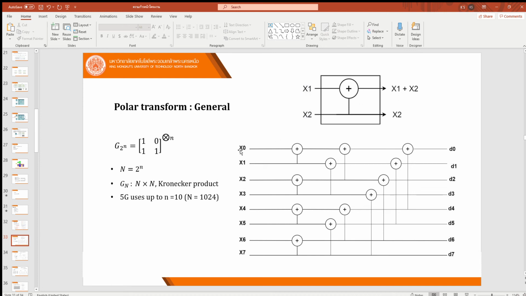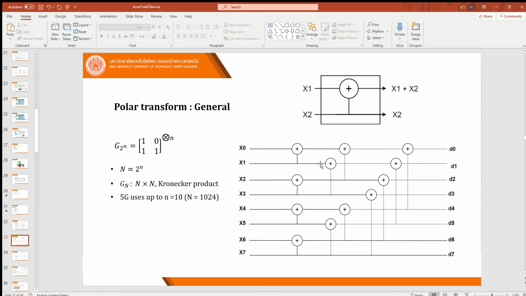You can do the same thing if you have more than x1 and x2. In this example, you have x0 to x7. You have x0 and x1, and you do the exclusive OR one time, and then you bypass x1.